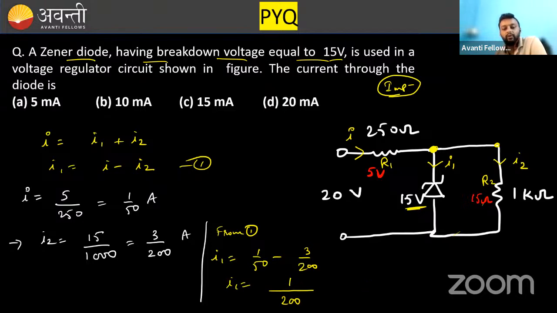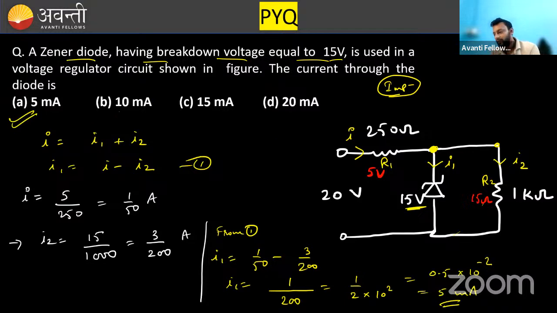I1 will be 1 by 200. Can I write it as 1 by 2 into 10 to the power 2? 1 by 2 means 0.5 into 10 raised to the power minus 2. So that will be 5 milliampere, which is option number A. 5 milliampere. Very good, Balveer. That's very good.